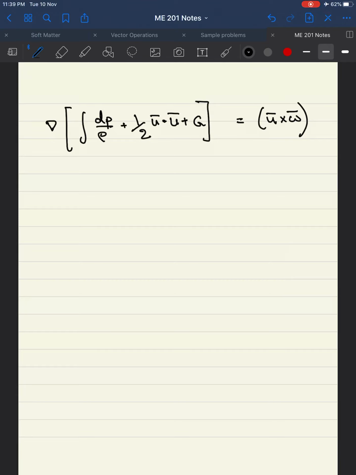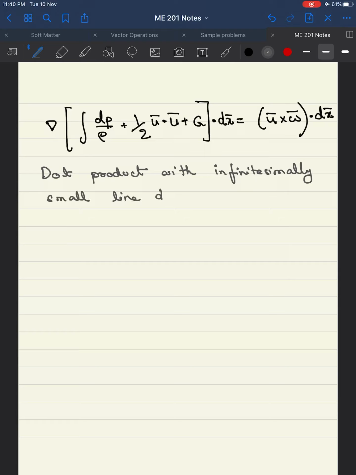So now let us consider the case where we take the dot product with an infinitesimally small line dx, and let this line be along a streamline or along a vortex line.